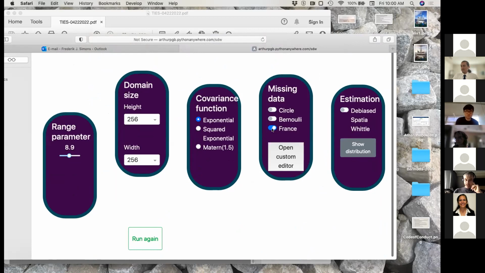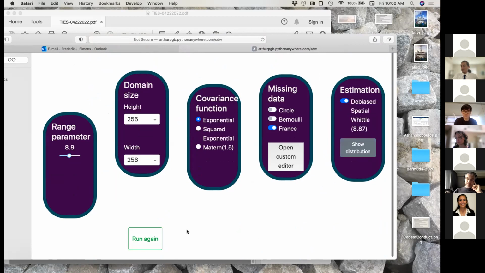Then you click on France. There's an L missing. And you re-estimate. The range is 8.9, but now I'm going to make it something else, 5.2, and run again. It's estimating right now. It's almost real time, and it comes out as 5.24.